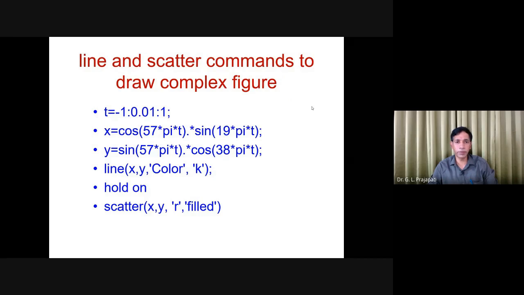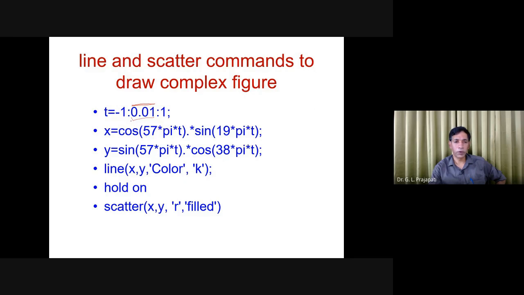Line and scatter commands to draw complex figures. Okay, so assuming that you have the variable t which takes values from -1 to 1, and the increment is what? Increment is this, 0.01.